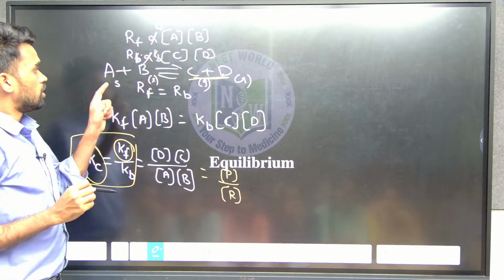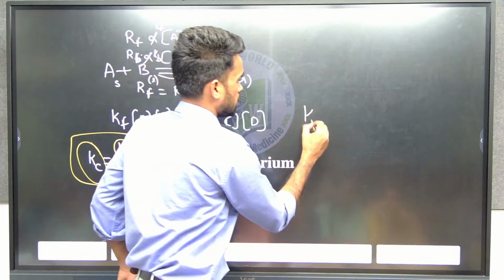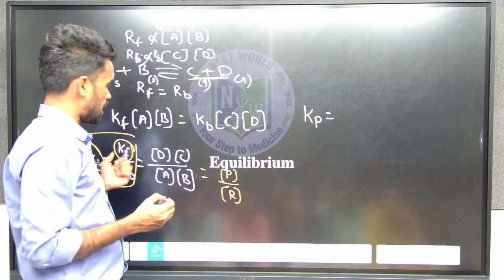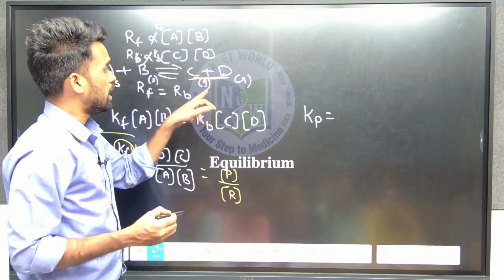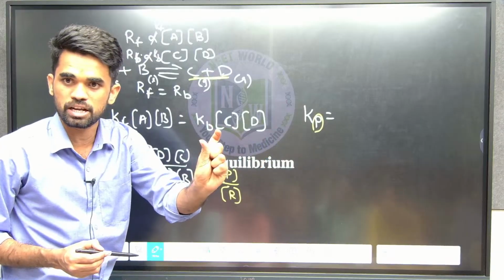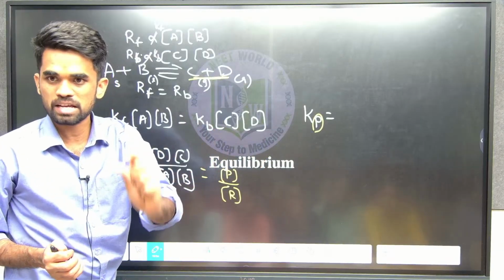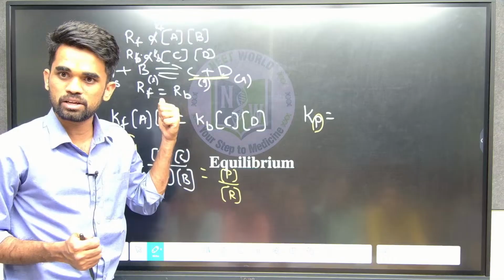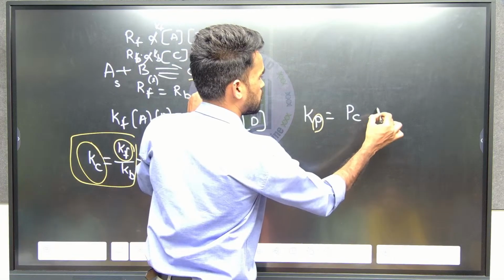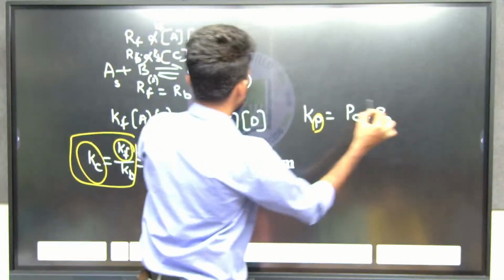When writing Kp, what to include? Same as Kc, but in terms of partial pressure. Partial pressure is shown by gases only. Pressure will be exerted by gas only. Will it be exerted by a liquid? No.